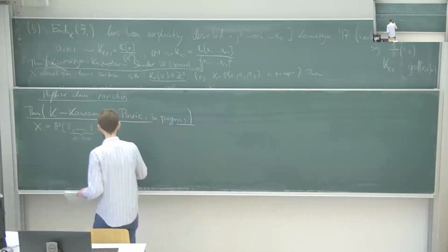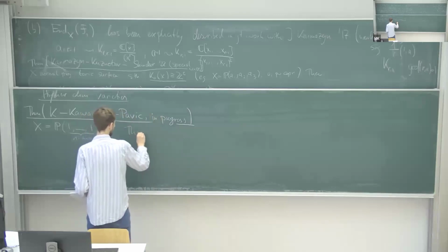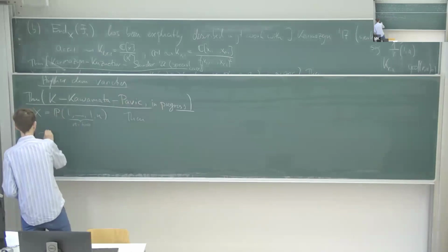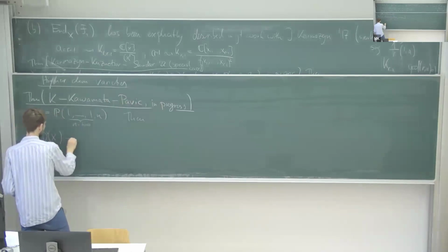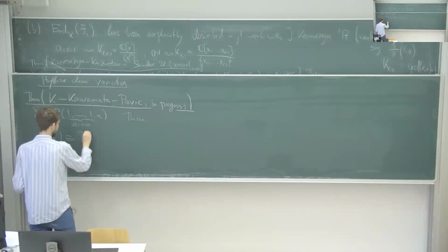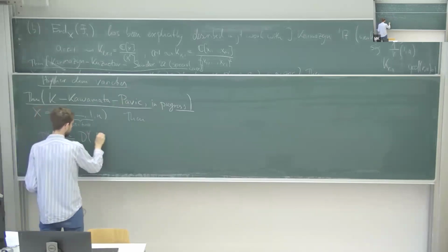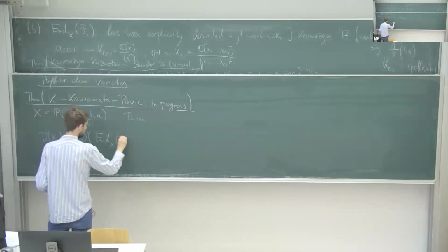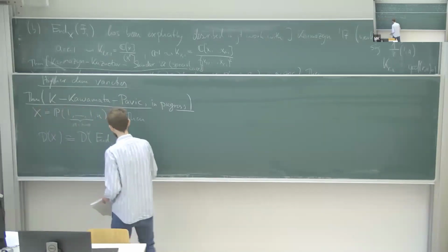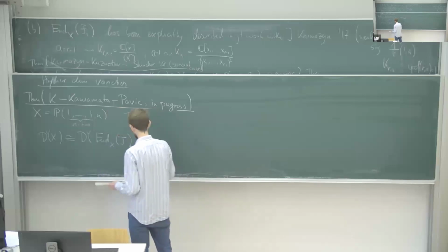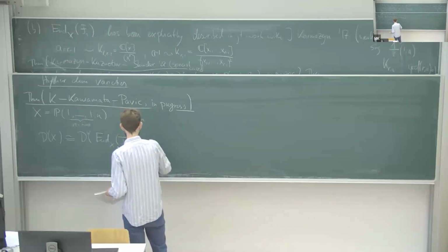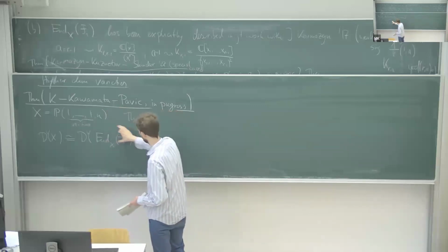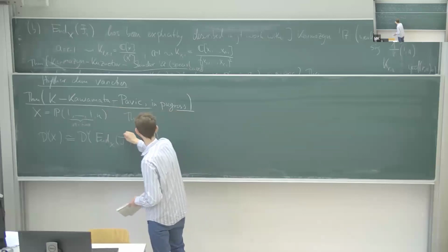And the statement is that then the bounded derived category of X is equivalent to the bounded derived category of a finite dimensional algebra, which is the endomorphism algebra of some nice complex T. So we take the bounded derived category of finite dimensional modules over this finite dimensional algebra.